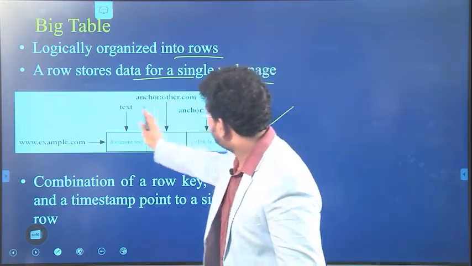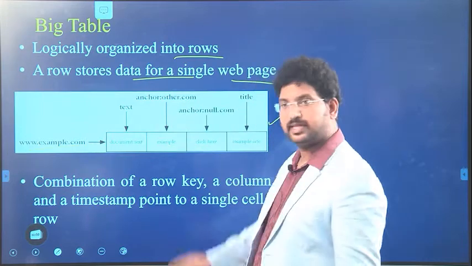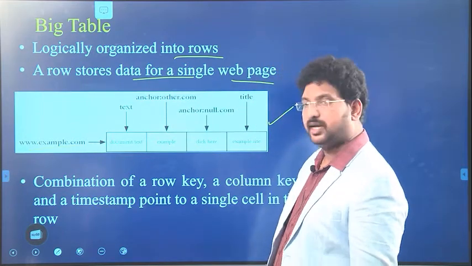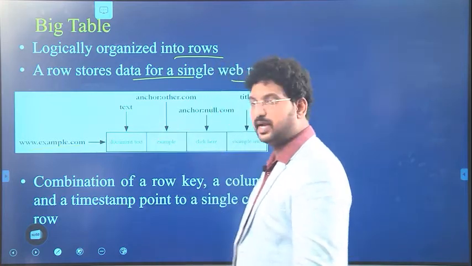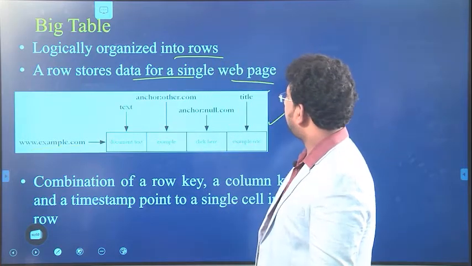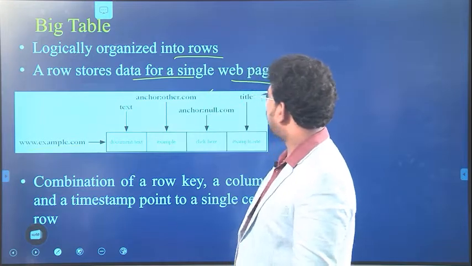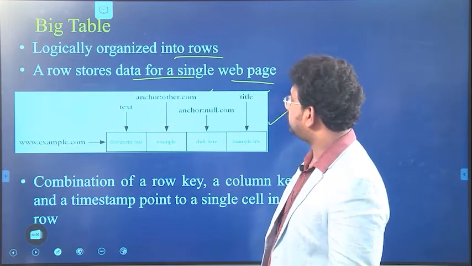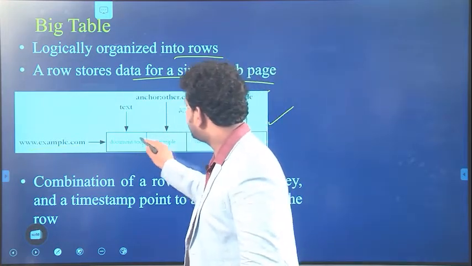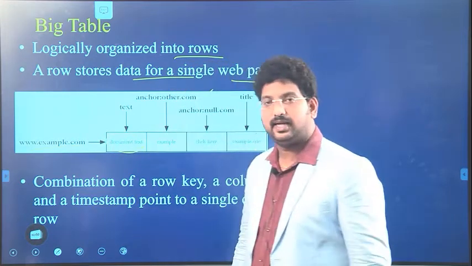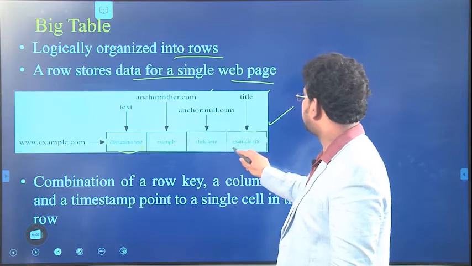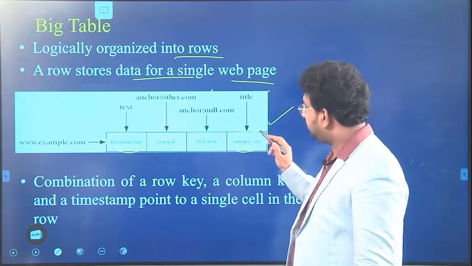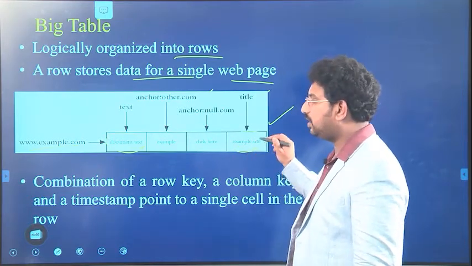So this row is storing the single web page information with some columns, as you can see here: text, title, and anchor other.com, anchor null.com. As part of the text, the document text will be available here, and as part of the title, whatever the example site is will be present.